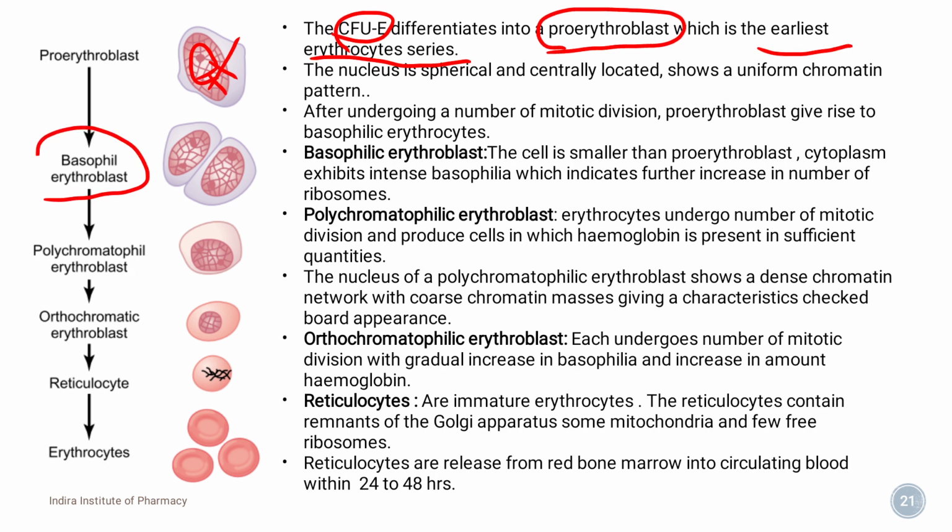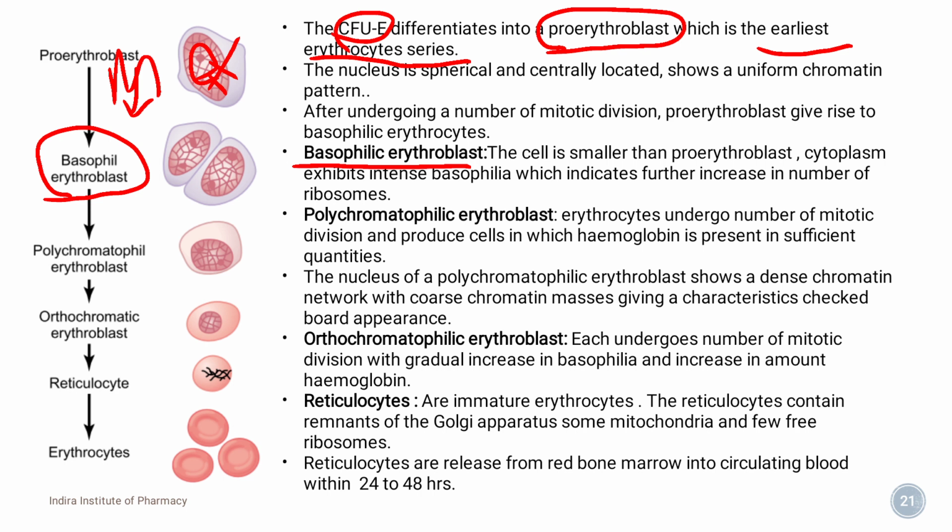basophilic erythroblast. So from here they undergo various mitotic divisions to form the basophilic erythroblast. Basophilic erythroblasts are smaller than proerythroblasts. The cytoplasm exhibits intense basophilia, which indicates a further increase in the number of ribosomes.